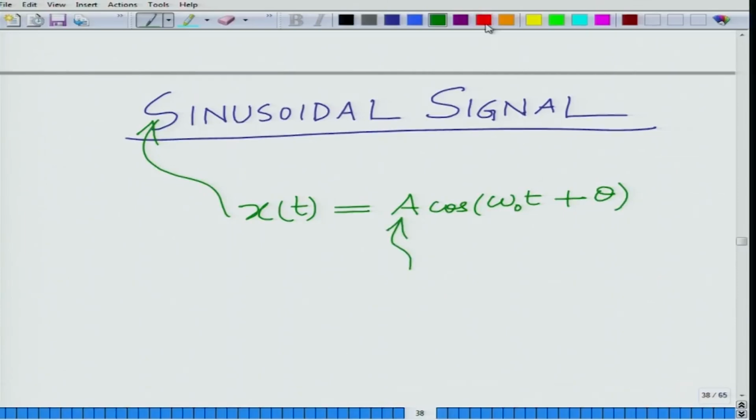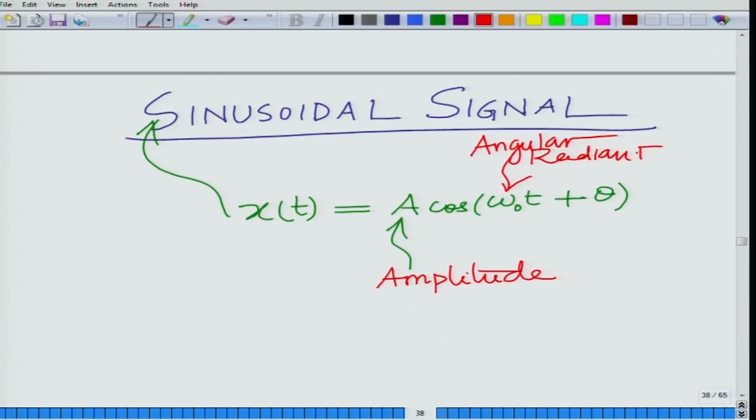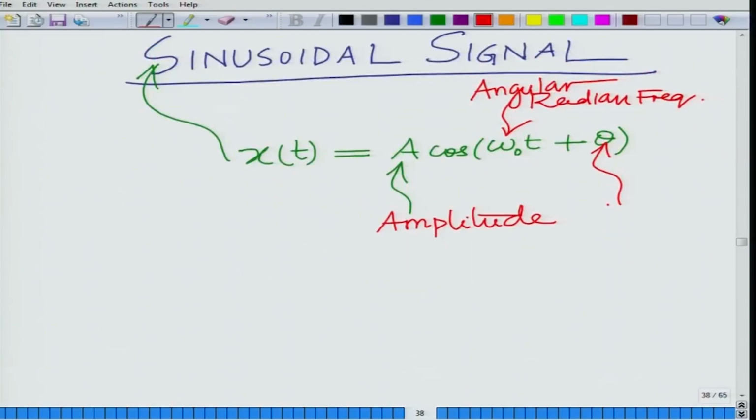A is the amplitude of the sinusoid. Omega naught is the angular frequency or radian frequency, and theta is the phase or the phase offset.